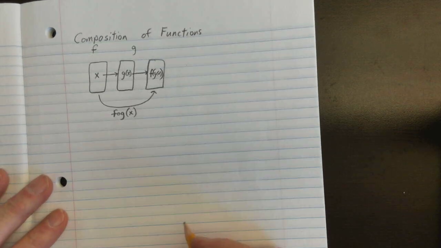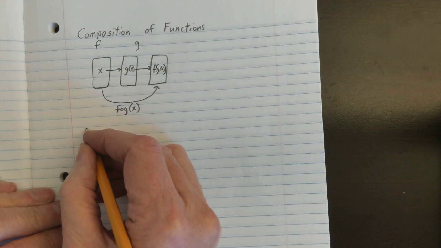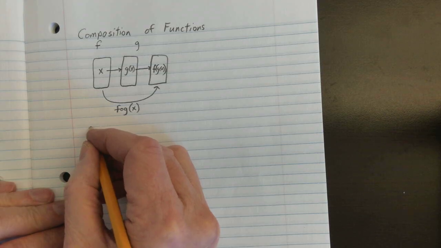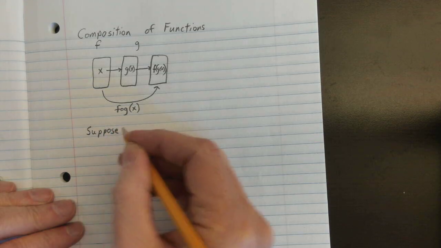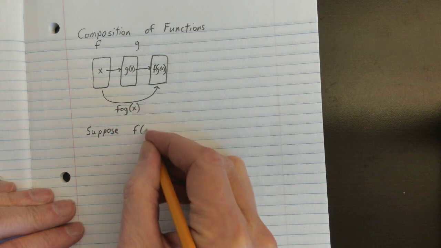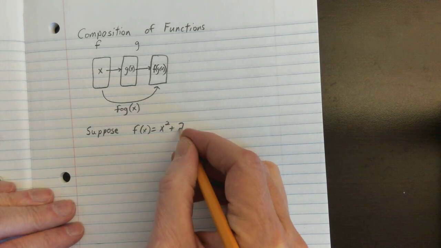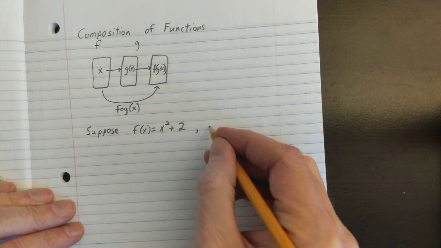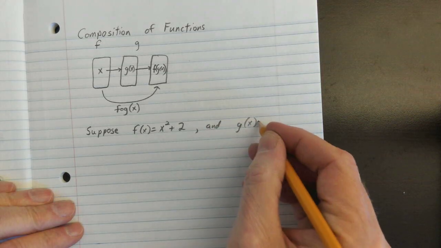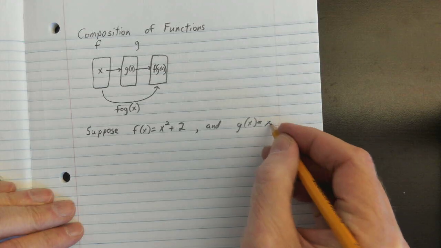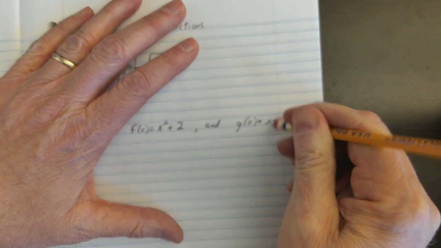So I just want to evaluate some things. Let's suppose f of x is equal to x squared plus 2, and g of x is equal to x minus 6.